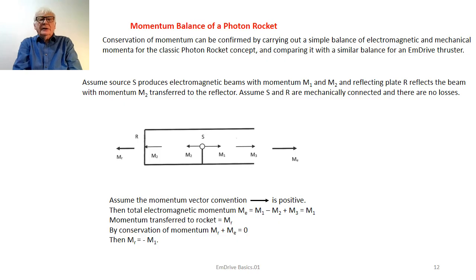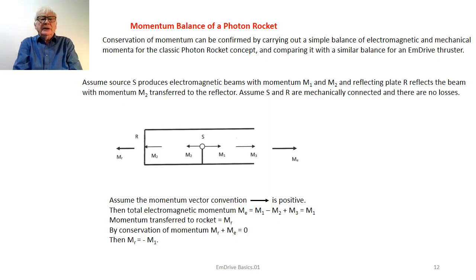If we look at the momentum that is transferred to the rocket, MR, by conservation of momentum, MR plus ME is equal to 0.